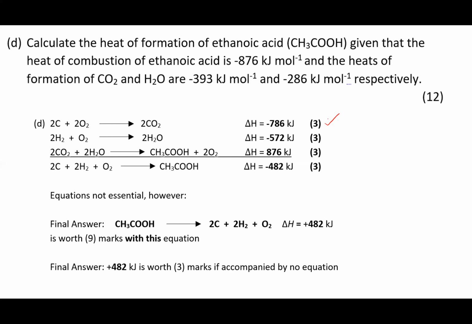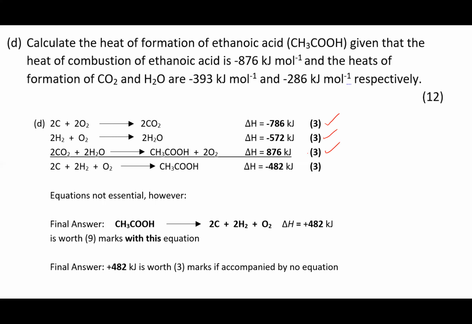Then we have the formation of H2O, again multiplied by 2 to give us minus 572. And then we have the combustion of ethanoic acid reversed for 876. So combustion of ethanoic acid is CH3COOH plus 2O2, giving you 2CO2 plus 2H2O, and we reverse that, and we come up with our final answer of minus 482 kilojoules.